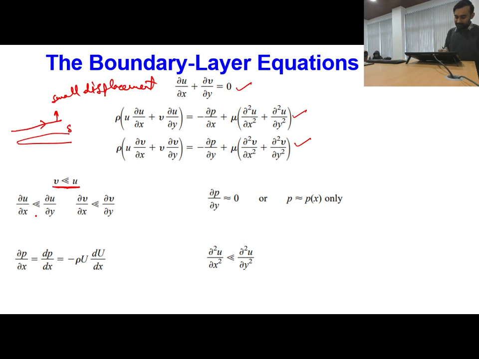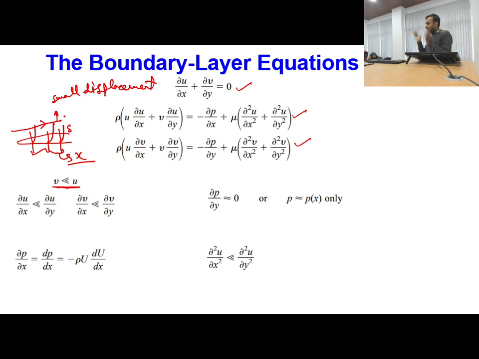and another simple approximation is that within the boundary layer, whenever you plot different velocity profiles, you will find that the nature of the velocity profile at different x locations is the same. At different x locations, the nature of the velocity profile is the same, and the only major variation you will find is with y.